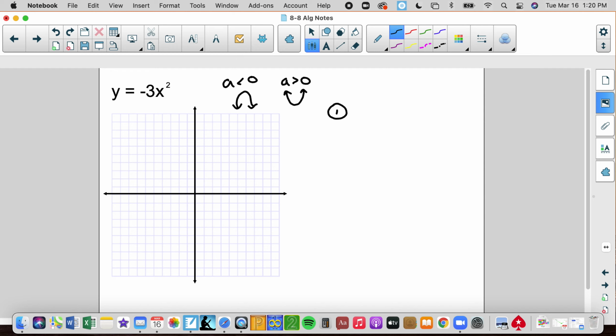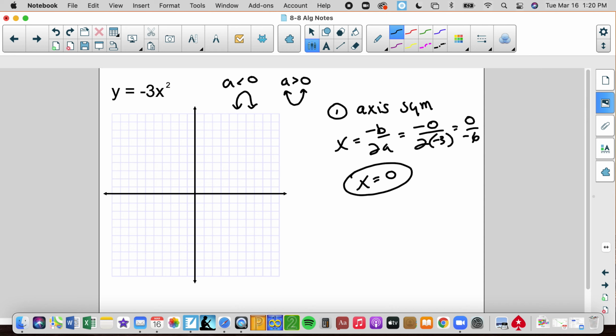So step 1, you want the axis of symmetry. X equals the opposite of b over 2a. b is 0. A is -3, so you get 0 over -6. So my axis of symmetry is going to be x equals 0. Where is x equal to 0? Right on the y-axis.